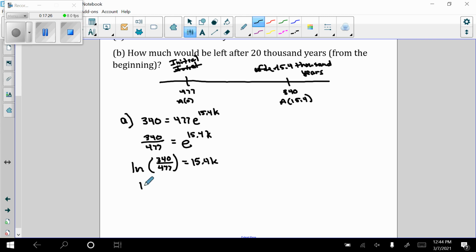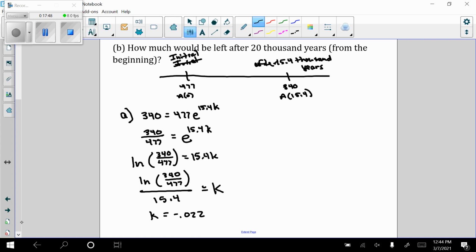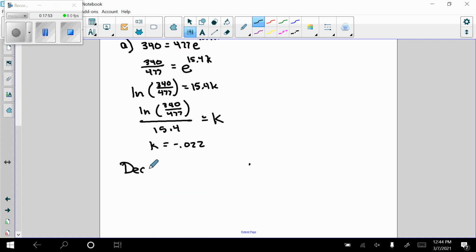So if I divide over 15.4, I should get a negative value for K since it is a decay. So I got about negative 0.022. So this decays 2.2% every 1,000 years.